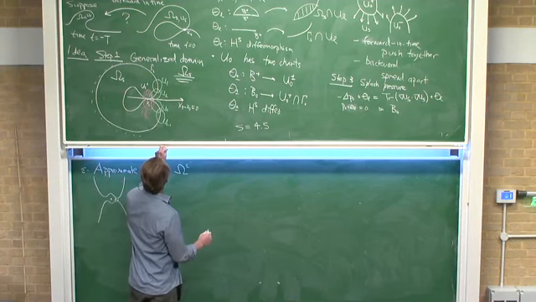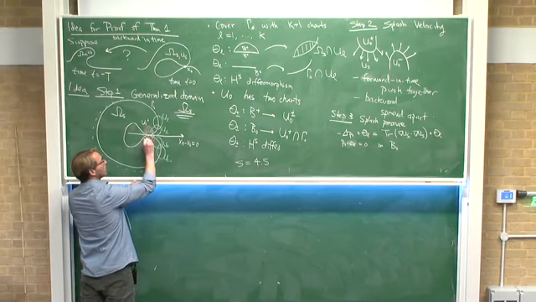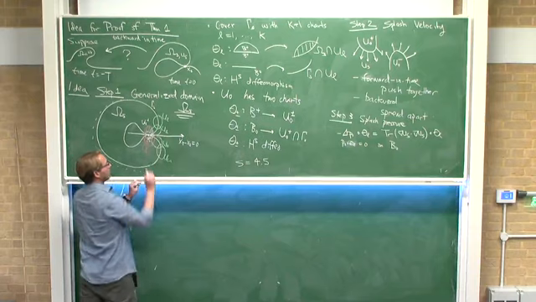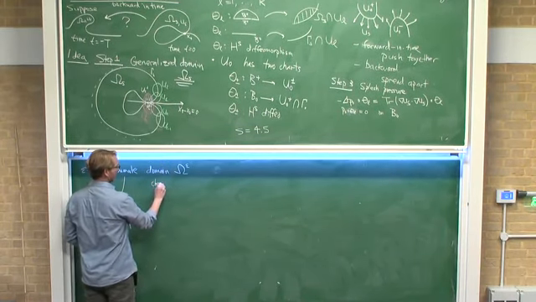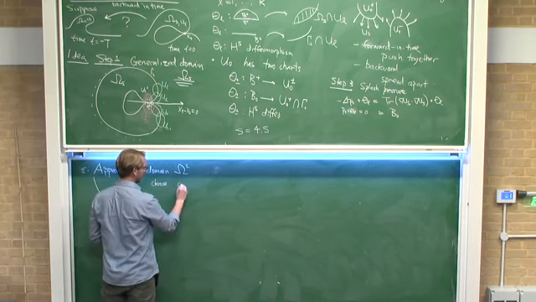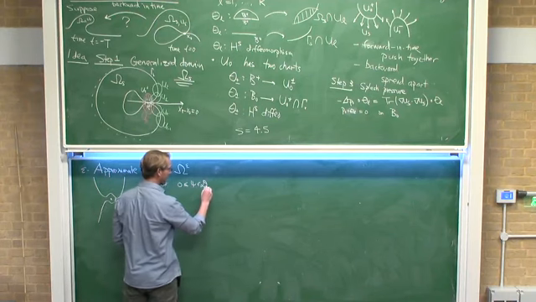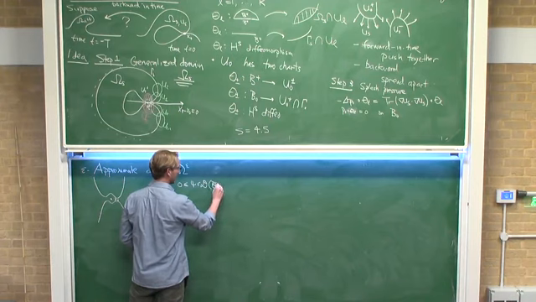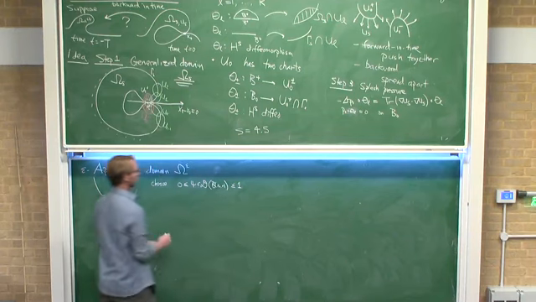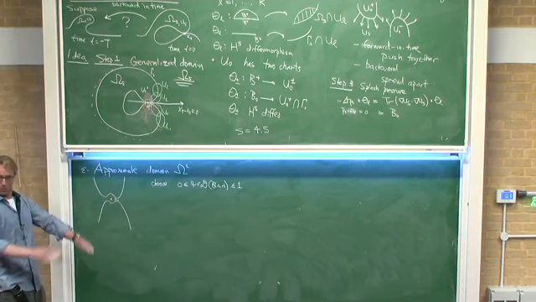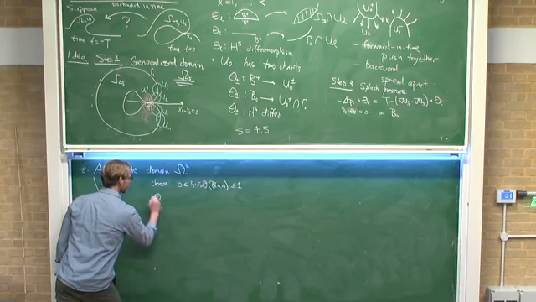In this picture here, I take a small ball of radius r. And what I do is I choose a smooth bump function, so 0 less than or equal to psi, which is something which is C infinity with compact support in this ball of radius r. So it's 1 very close to the origin, and then it quickly goes to 0. And then I define these charts as an approximation.